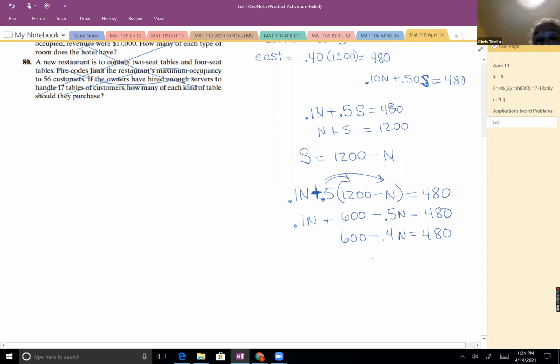Subtracting the 600, negative 0.4 n would be negative 120. And dividing by negative 0.4, we get n is, what is it? 300?